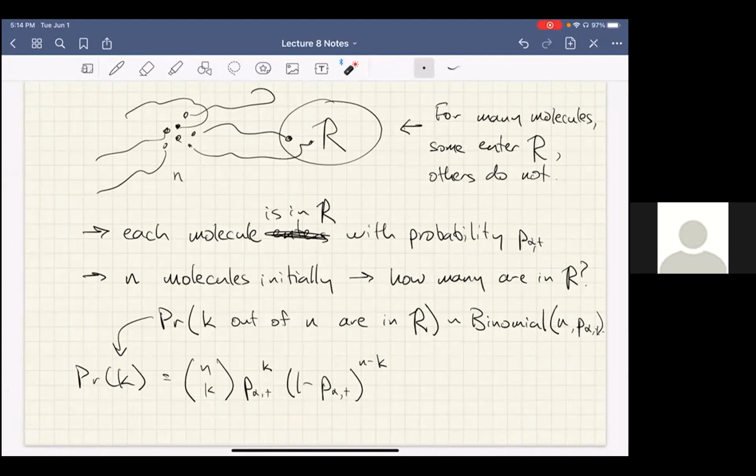Now this is exact. The binomial distribution here is exact, but it's not very easy to deal with. So what we normally do is we realize that for large N and large K, this will approach the Gaussian distribution.